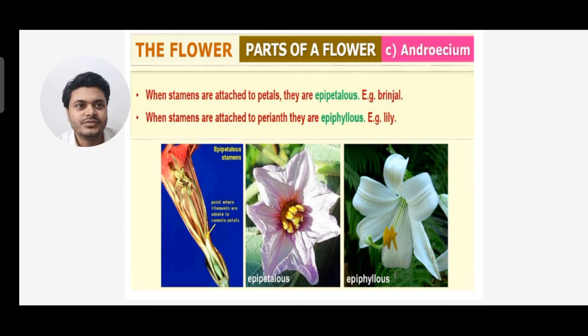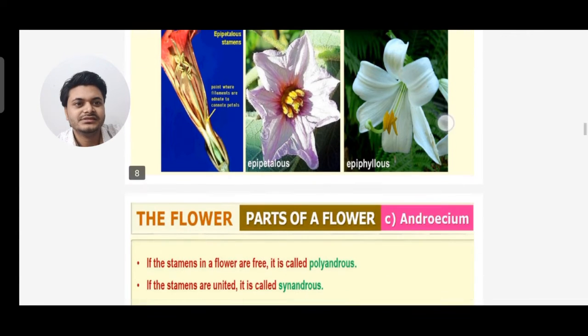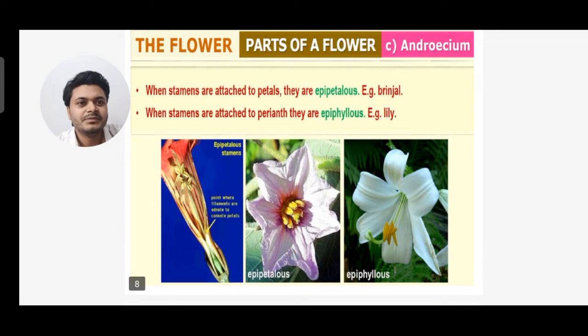Example of epipetalous is brinjal, example of epiphyllous is lily. Perianth means a kind of flower where petals and sepals cannot be distinguished. Example is lily. You can see in the figure the epipetalous and epiphyllous conditions.